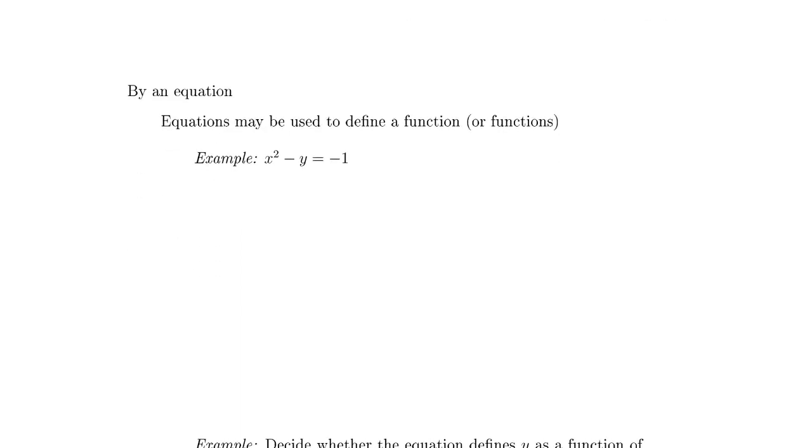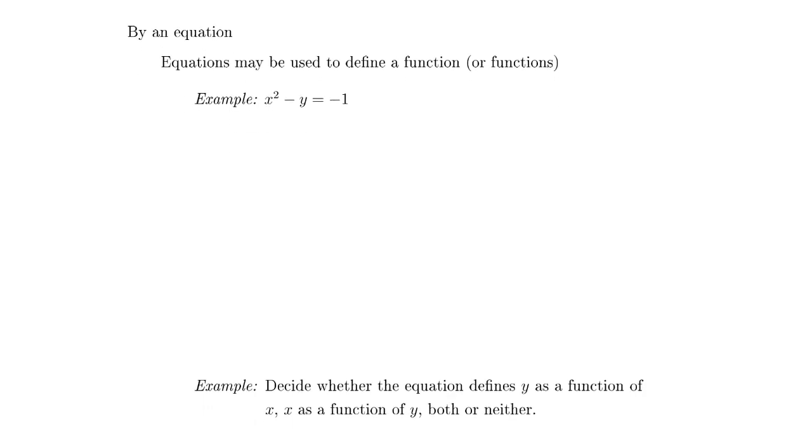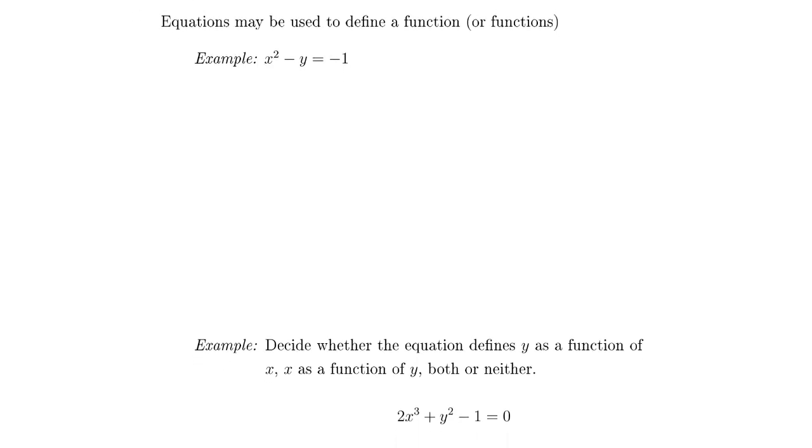Now, most commonly, we would pull our functions out of equations. All right, so if we have this equation x squared minus y equals -1, there may be a function or functions in that equation. In order to decide, because this equation doesn't automatically set up which is the input and which is the output, if I want to think of x as the input and y as the output, then I'd want to solve for y.